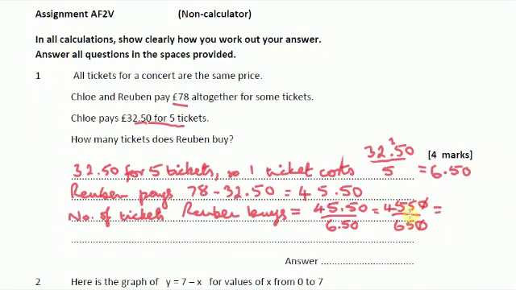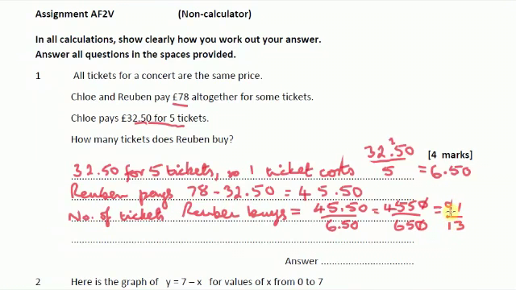5 into 45 goes 9, and then 1. So 9, 1 over 5 into 65 goes 13, so it's 91 over 13.